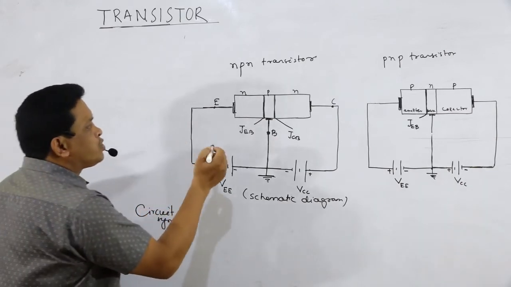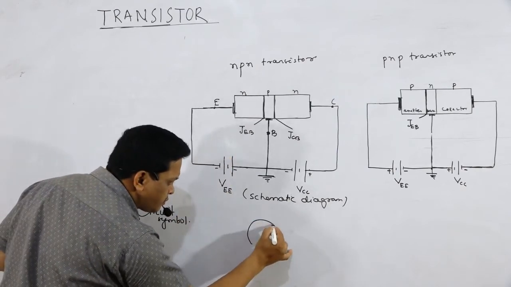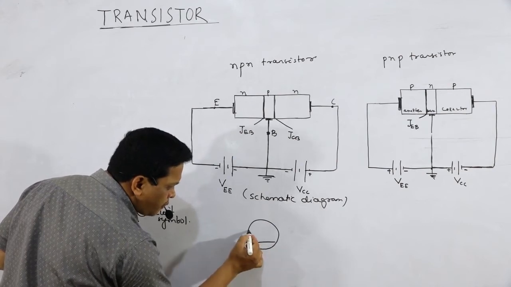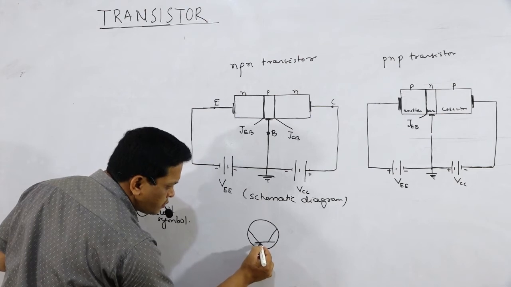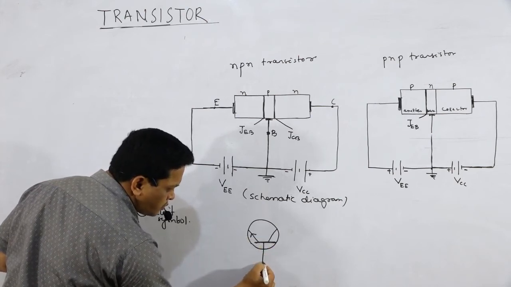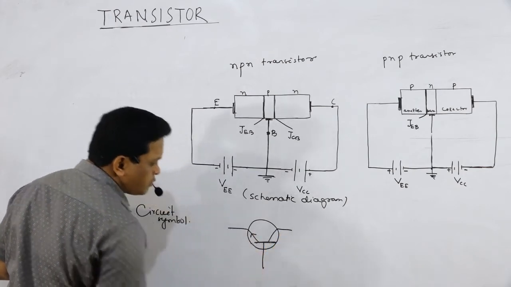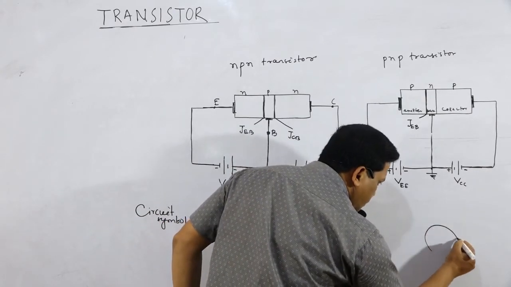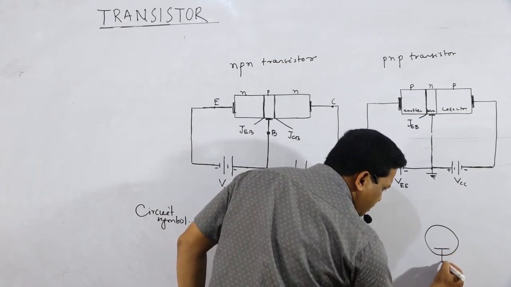Look at the circuit symbol of the NPN transistor. This is very important. So I am drawing the circuit symbols of both the transistors.